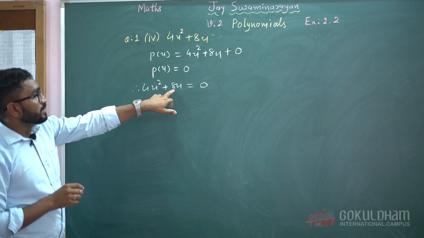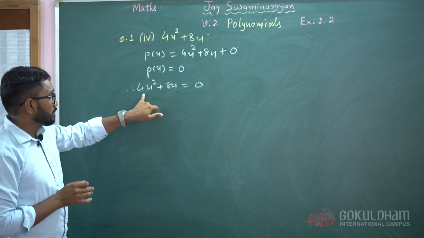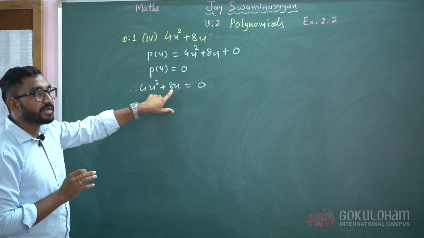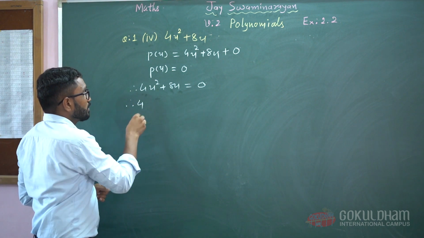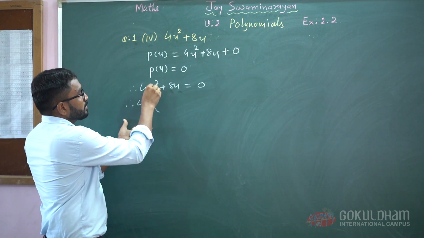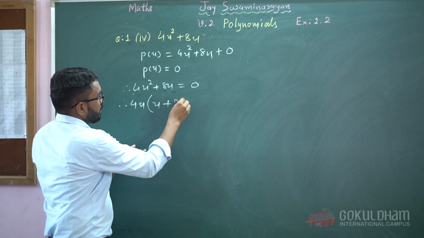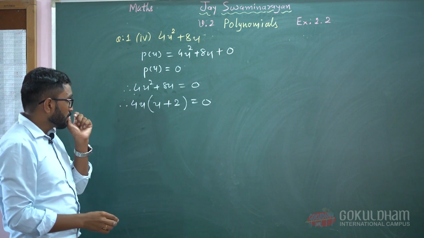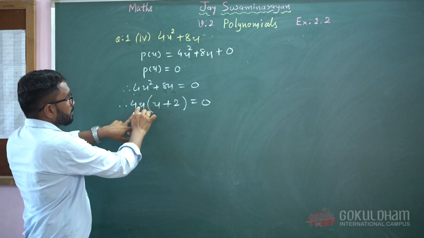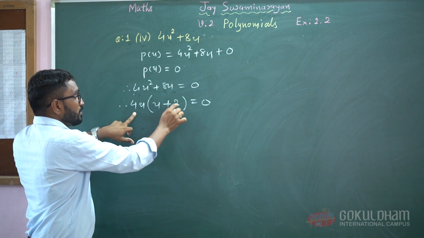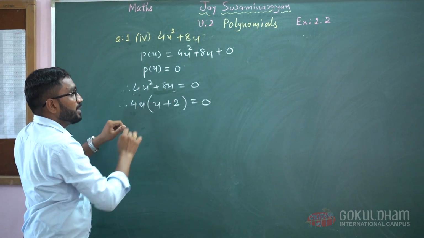In 4u square plus 8u, u is common and 4 is also common, since the factor of 8 is 4 into 2, meaning 4 2s are 8. So 4u is common. In place of 4u square we write u, plus 4 2s are 8, equal to 0. Check: 4 1s are 4, u into u square, plus 4 2s are 8u.